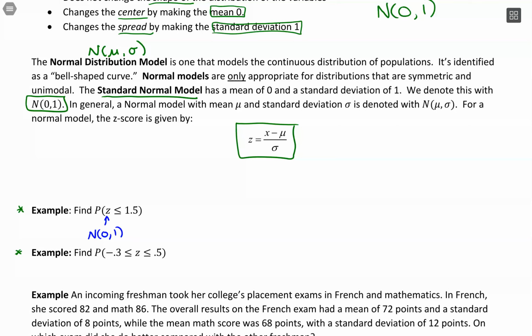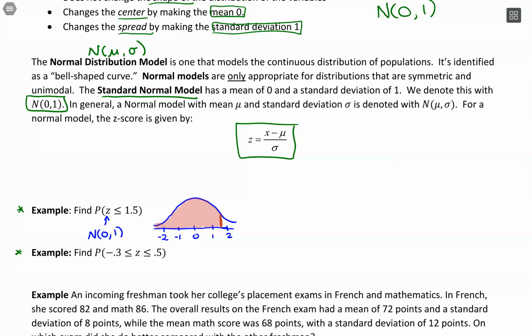So what I could do, I could even start a picture here of a bell-shaped curve, my number line, and we're looking for the probability that z is less than or equal to 1.5. So 1.5 is my cutoff, and I want to find the probability of being less than or equal to that value. So I want this area to the left.